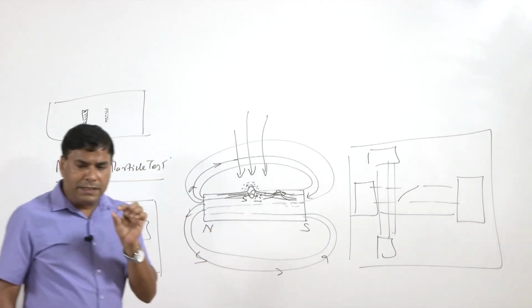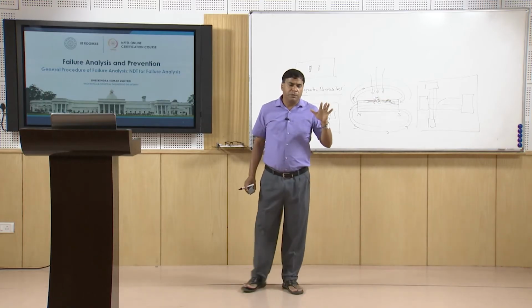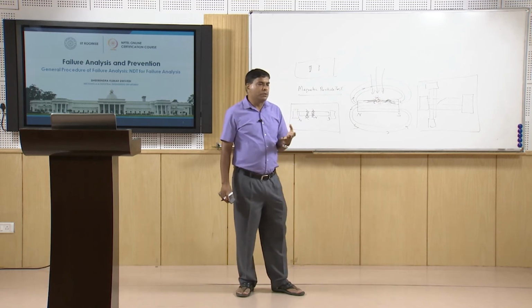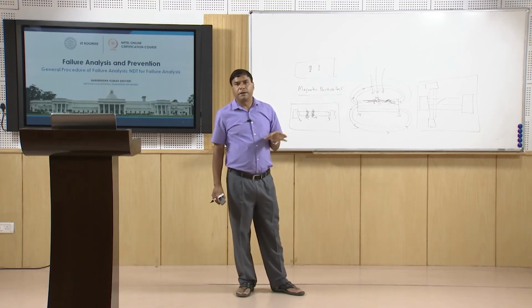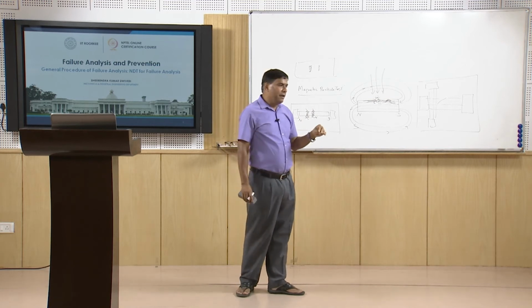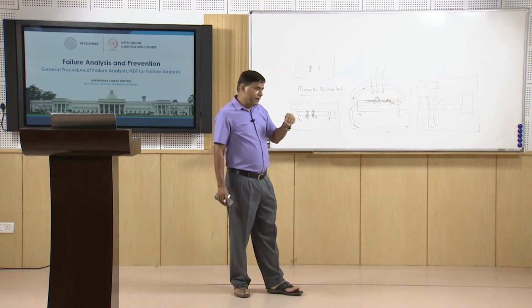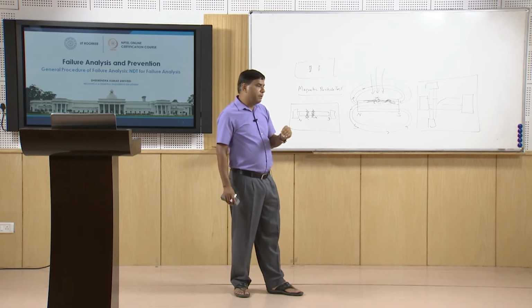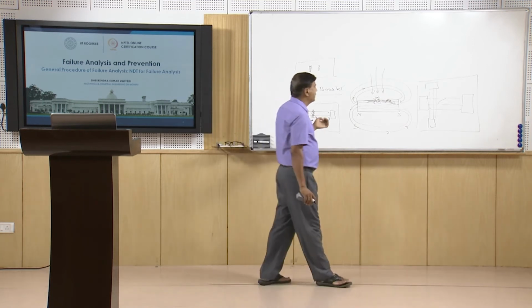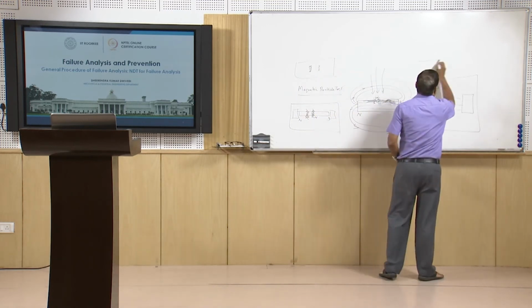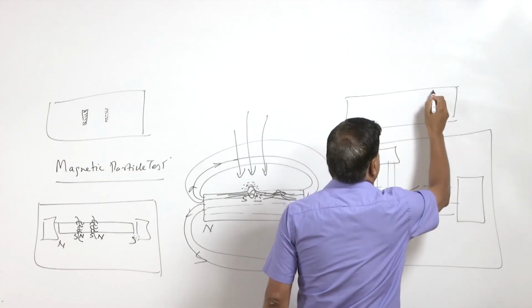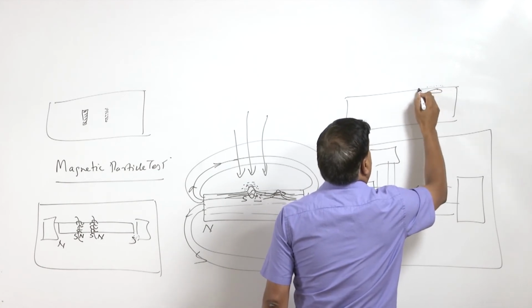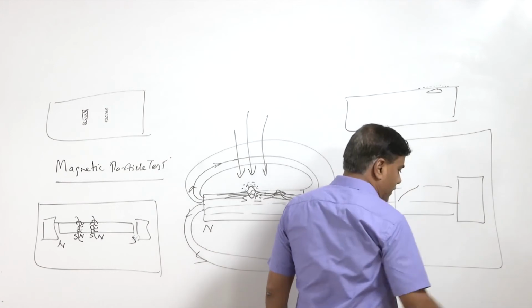So, when the discontinuities are open to the surface, the leakage will be stronger. So, the piling up of the magnetic particles will also be strong, and that will lead to a very effective and severe segregation of the powder particles as compared to the case when the defect is below the surface. When the defect is below the surface like this, very poor piling up of the powder particles will take place.